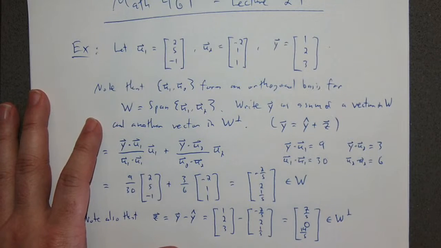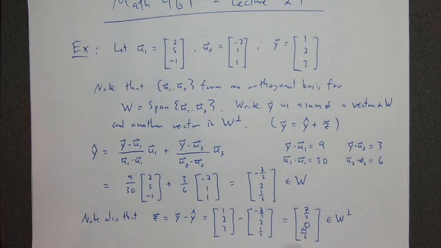So I would have minus 14 over 25 plus 2 times 0, so that's 0, plus 14 over 25. That is indeed orthogonal to that vector. Of course, that doesn't really prove that it's in W perp.